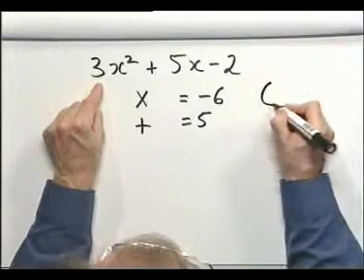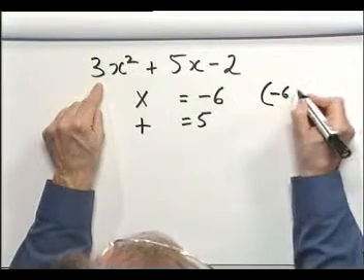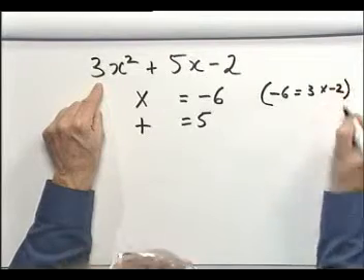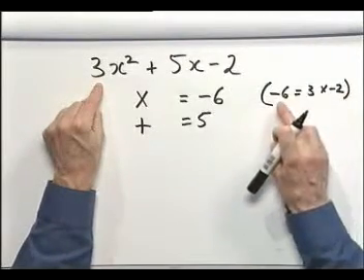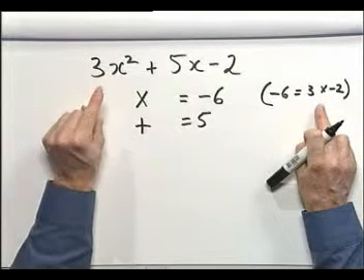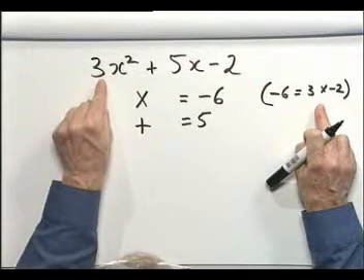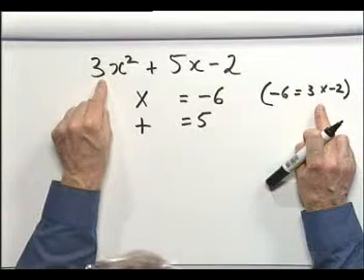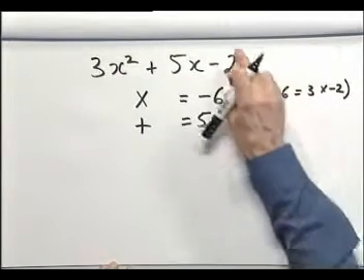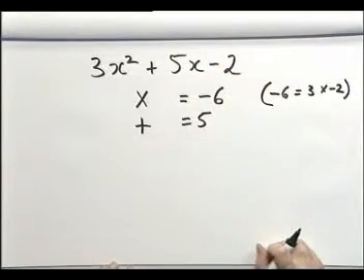I'll just write that here at the side, that the minus 6 came from the 3 times the minus 2. And if you think about it, that's actually consistent with what we were doing before, because in the previous examples, this number in front of the x squared had been 1. And so 1 times minus 2 would be the constant term.